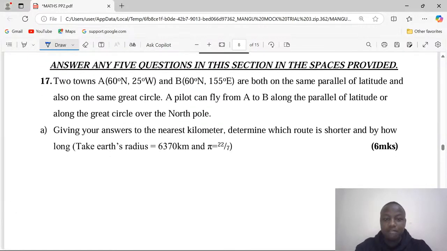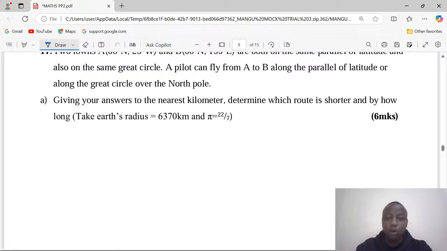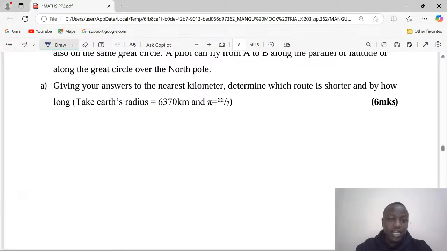A pilot can fly from A to B along the parallel of latitude or along the great circle over the North Pole. Part A: giving your answer to the nearest kilometer, determine which route is shorter and by how long. Take Earth's radius as 6,370 kilometers and pi as 22/7.